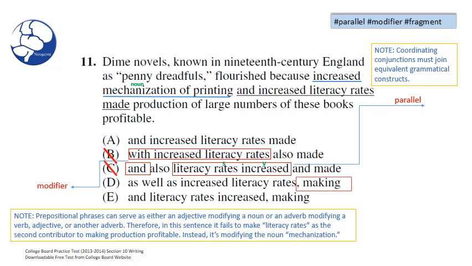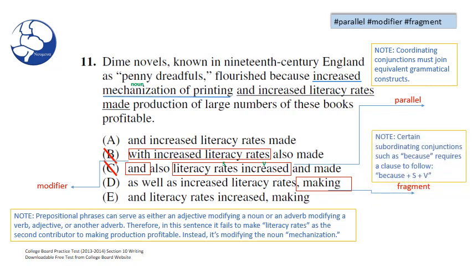D gives us a different error. D, as written, changes our verb made to the present participle form making. And if you read the sentence again, at least from the dependent clause on, because increased mechanization of printing, as well as increased literacy rates, making production of large numbers of these books profitable.